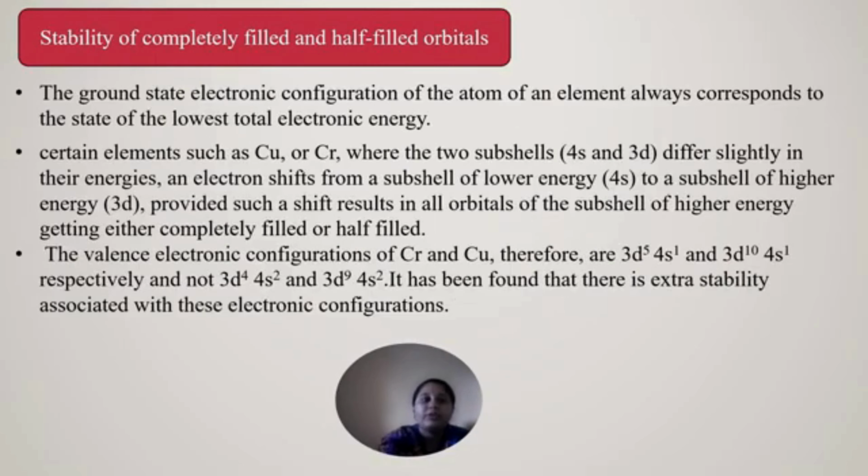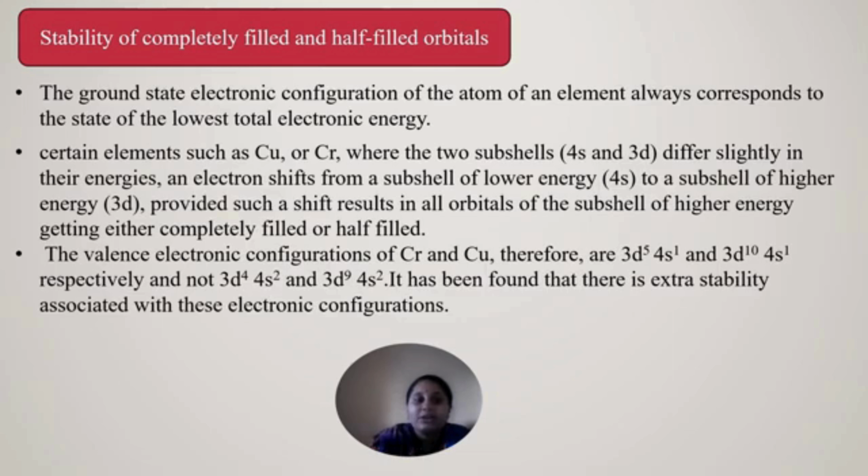The stability of completely filled and half-filled orbitals. The ground state electronic configuration is always the most stable, and certain elements such as copper or chromium have two subshells which differ in their energies, but an electron shifts from the subshell of higher energy to one of lower energy. This shift results in the orbitals of higher energy also becoming completely or half-filled.